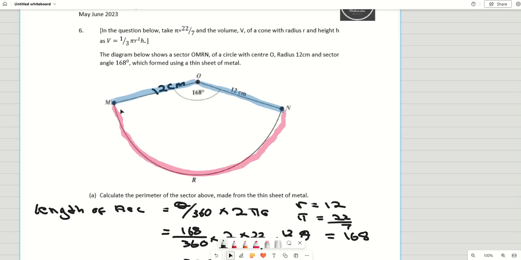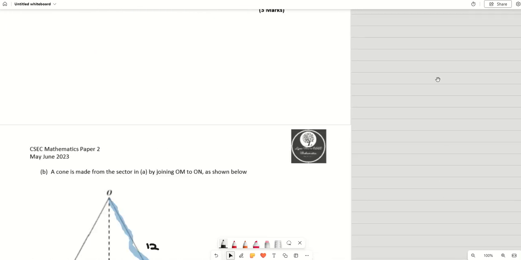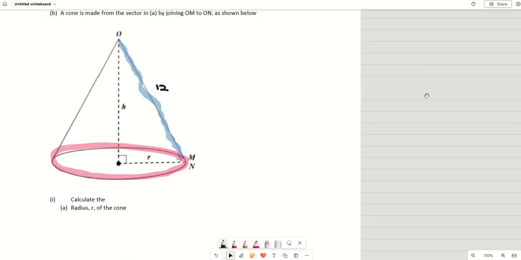The length of this arc here is what they made into the circle. So that circle has a circumference of 35.2. So this here is 35.2.